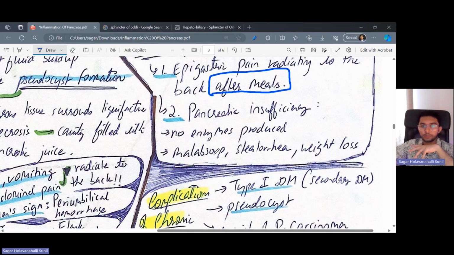Then you have malabsorption, steatorrhea, and weight loss, because pancreatic enzymes are not degrading the lipids properly, and also enough chylomicrons are not being formed, and therefore even the fat soluble vitamins, which are A, D, E, and K, are not able to be absorbed.